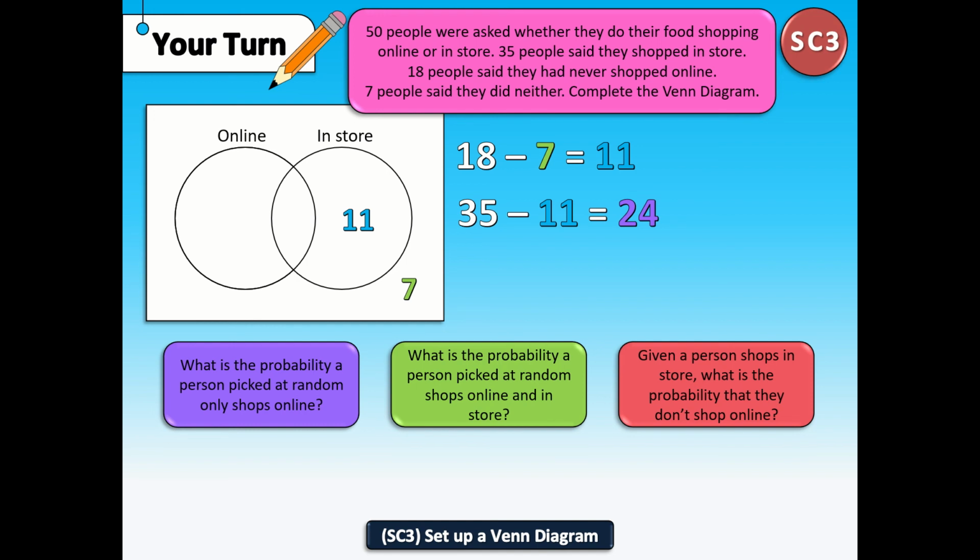And we know that 35 people said they shopped in store, so 24 people must do both. That means that 8 people must only shop online.